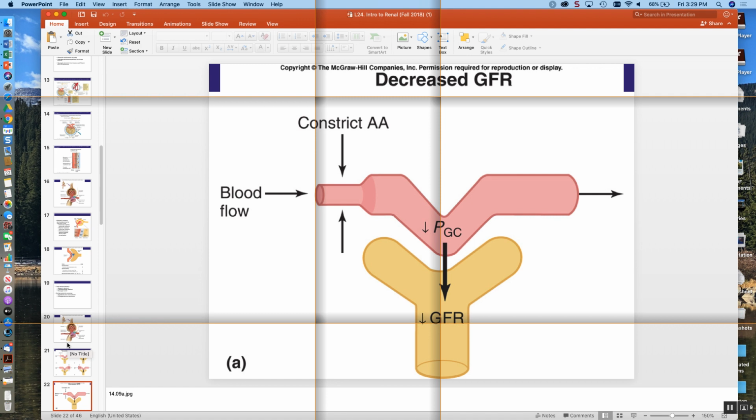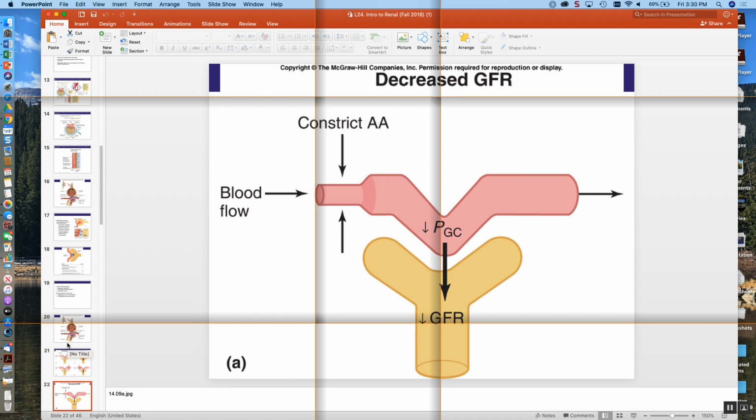Remember, glomerular filtration rate is just flow. It's just a flow in mils per minute. So that's one way. You can expect a question like, which one of these is going to increase glomerular filtration rate? Which one of these is going to decrease glomerular filtration rate, okay?